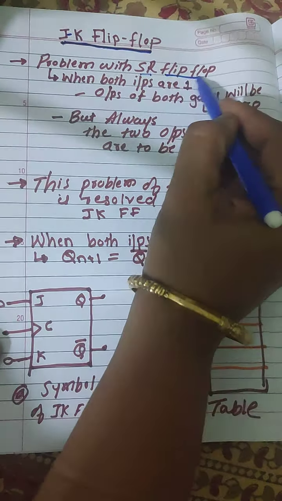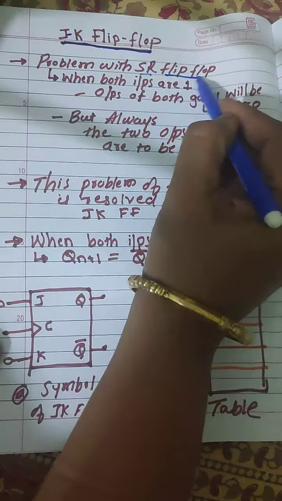The inputs we provide are fed through the AND gates, as I explained earlier, and the clock is applied to one of the inputs of each AND gate. The inputs fed to the flip-flop we call J and K.